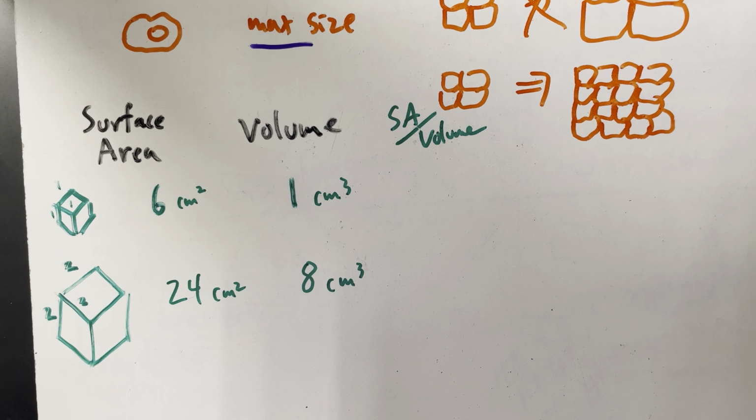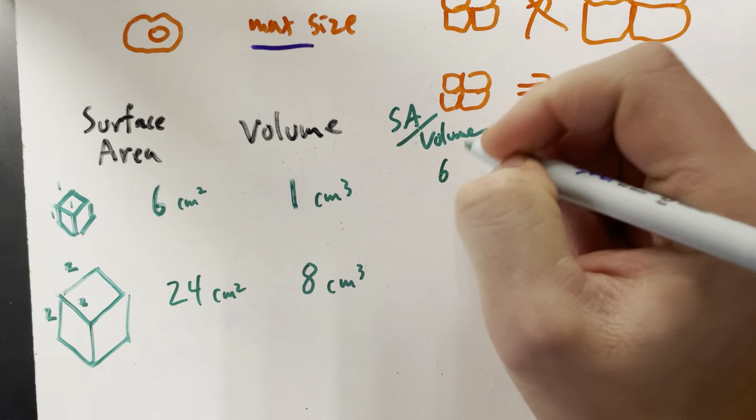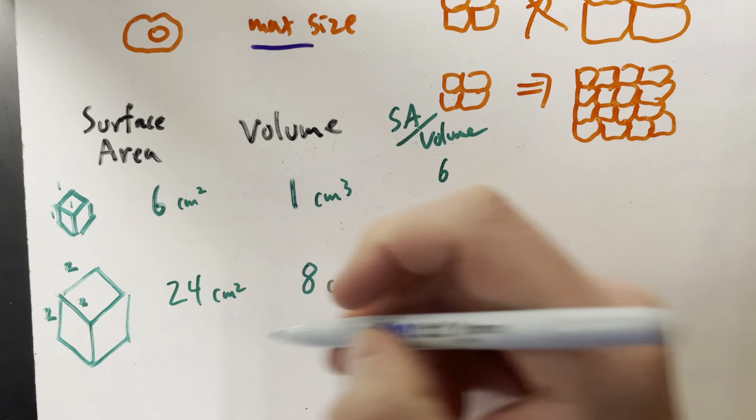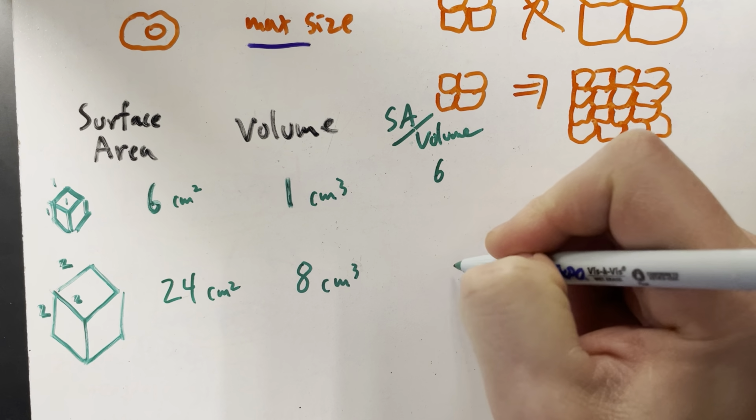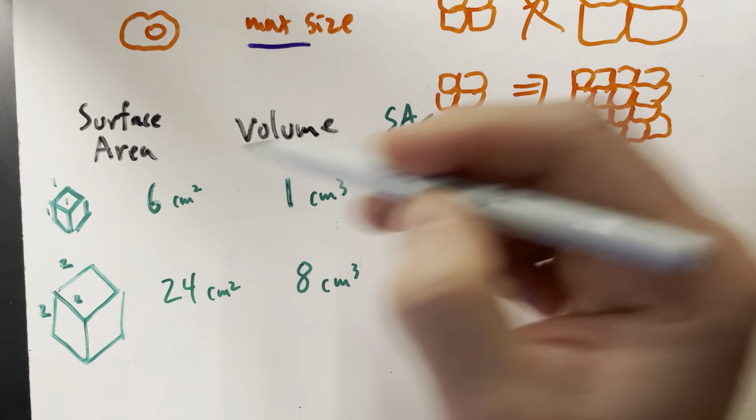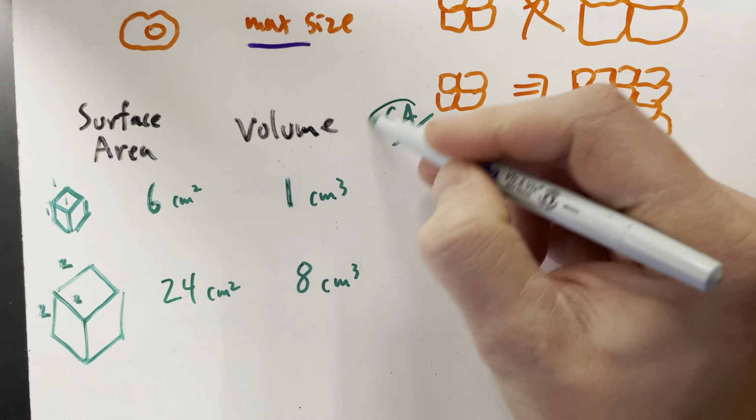So that one's 6. And then this one, 24 divided by 8 is? 3. Yep. So the smaller you are, the bigger your surface area to volume is.